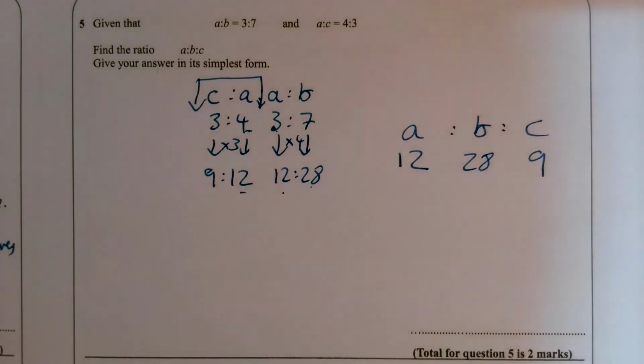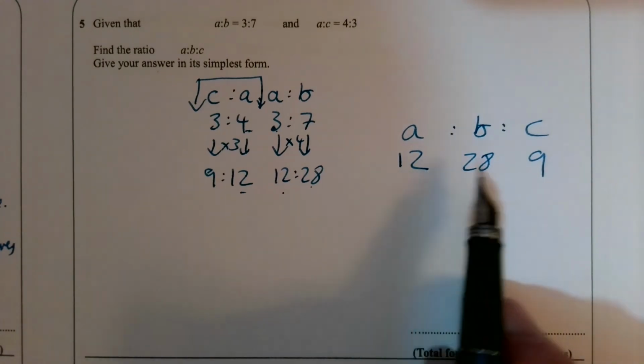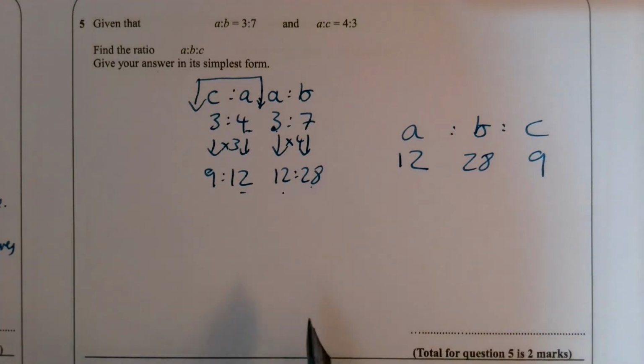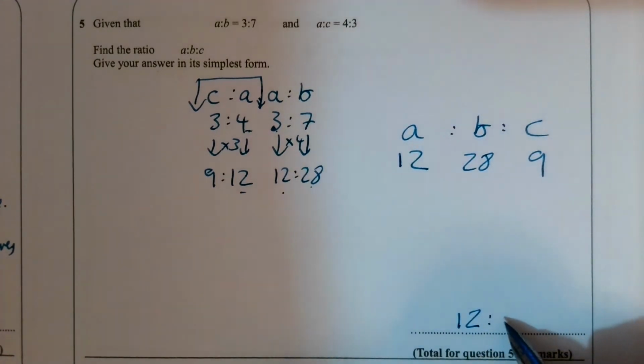Is it in its simplest form? Well, 3 goes into 9 and 12, 4 goes into 12 and 28, but 4 doesn't go into 28. Sorry, 3 doesn't go into 28. So it is in its simplest form, so you can just leave it as 12 to 28 to 9.